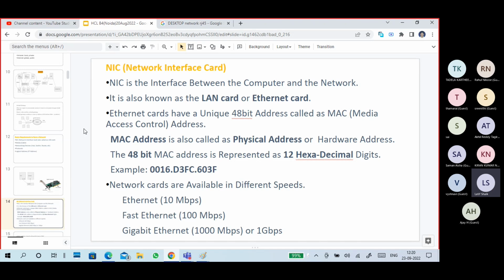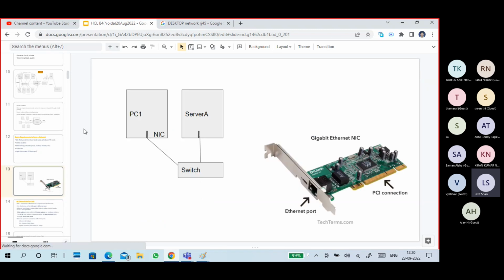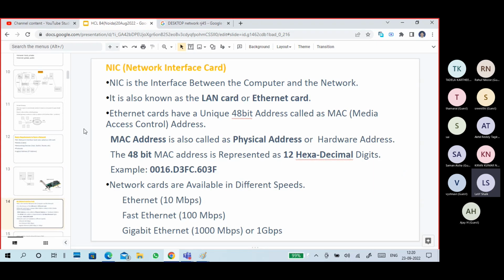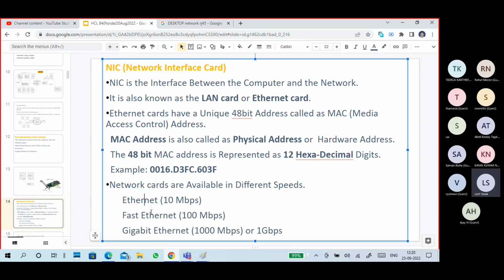To connect to the network, we need a network interface. We call it simply a NIC, also called a LAN card or Ethernet card. These Ethernet cards are mainly 3 types: Ethernet, Fast Ethernet, and Gigabit Ethernet.